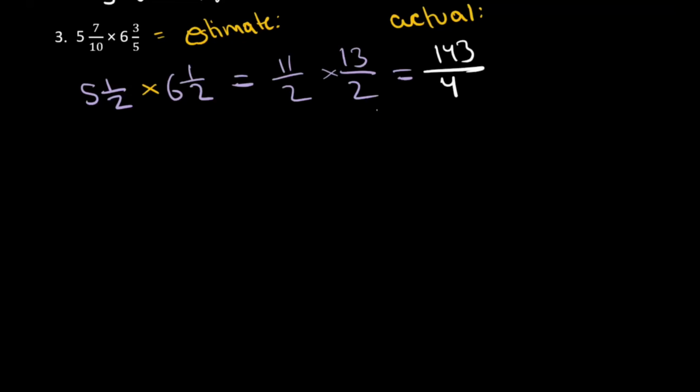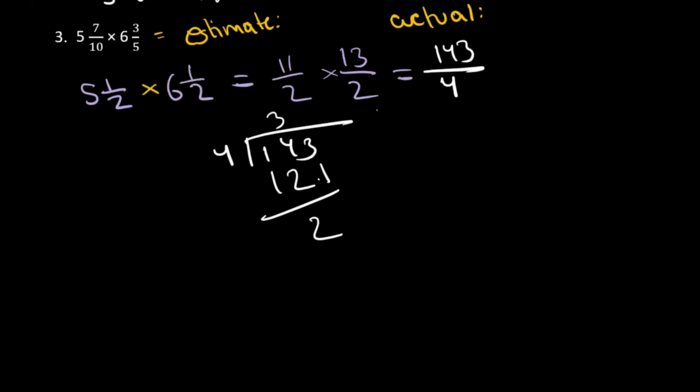But let's turn it into a mixed number. 143 divided by 4. So 4 goes into 14 3 times. 4 minus 2 is 2, and we drop down the 3. And 4 goes into 23 5 times, and we'll have a remainder of 3. So our estimate is 35 3/4.